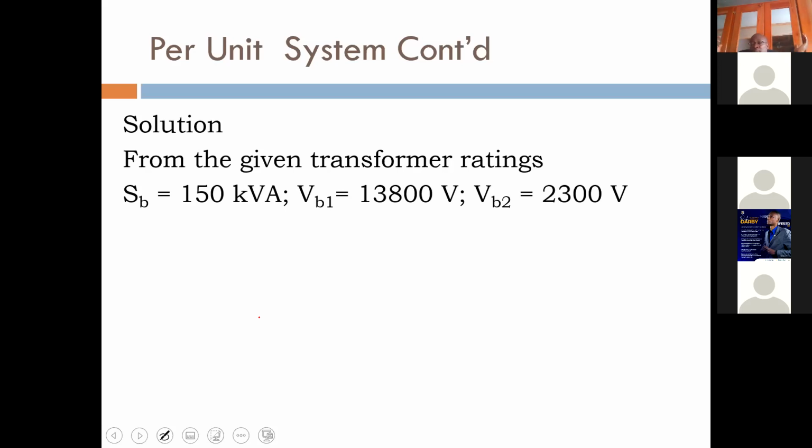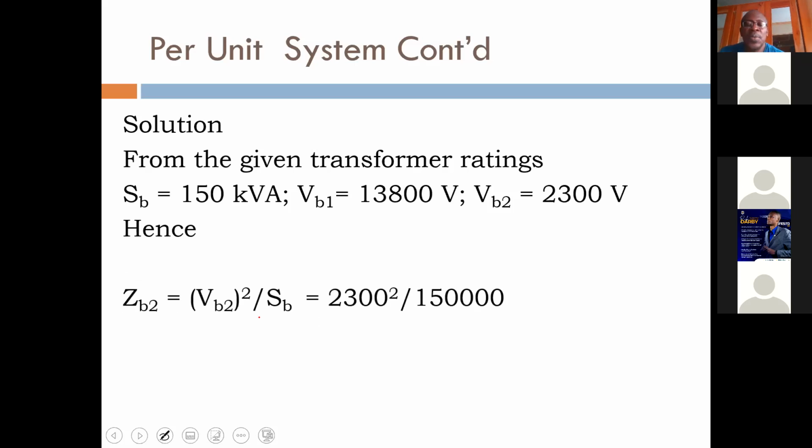We can do that because remember, SBS is arbitrary. Since it's just a single transformer, there's no point in using different values. So we have it at 150 kVA. Base 1 is 13.8 and base 2, 2300.